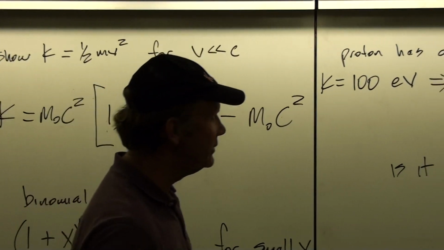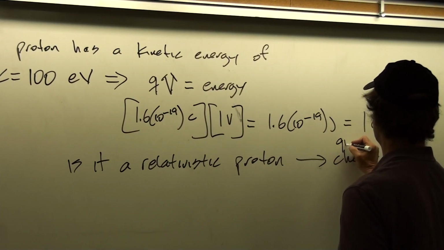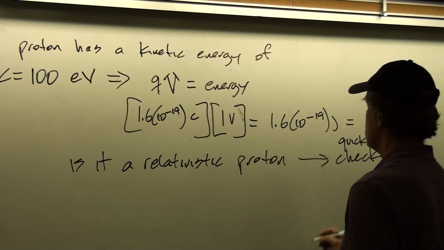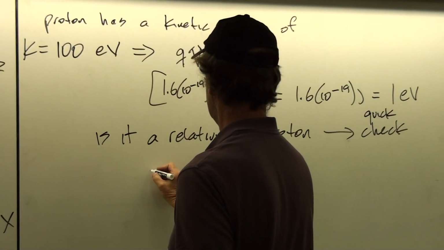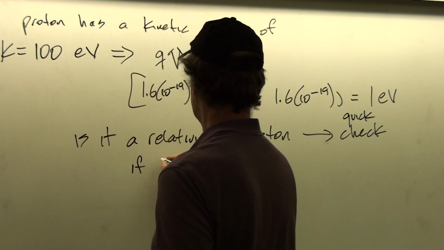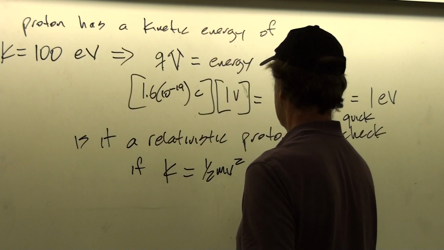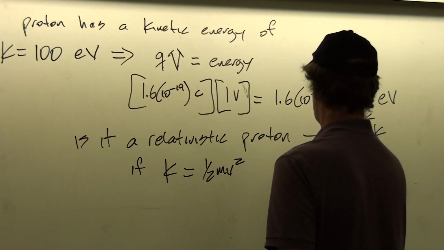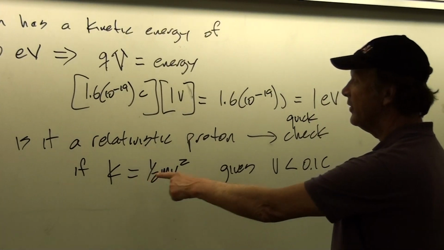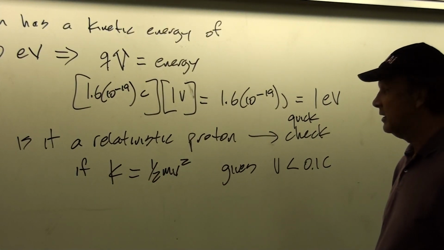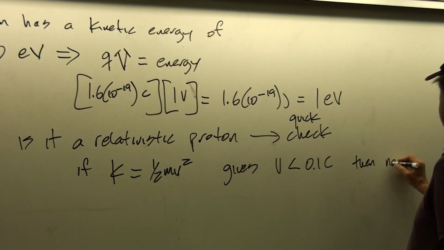I think what I'd rather do is just do a quick check using the 1/2 mv squared. Okay, and see if V, so our check then is if K is equal to 1/2 mv squared, gives a velocity that's less than 0.1 c, then I know that this was a valid assumption to make. Then non-relativistic.